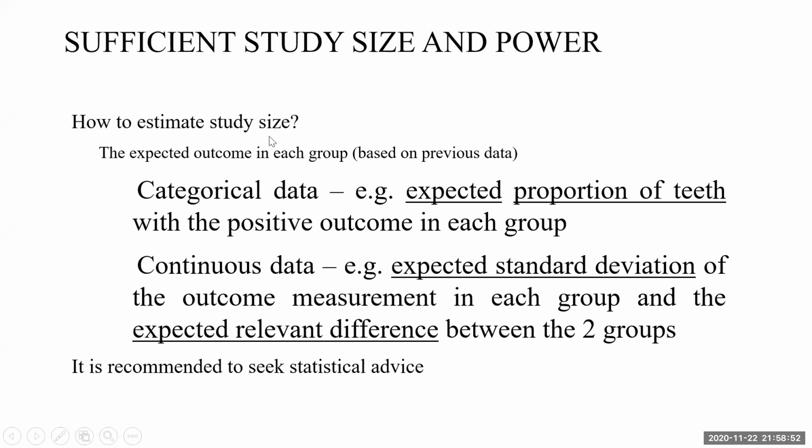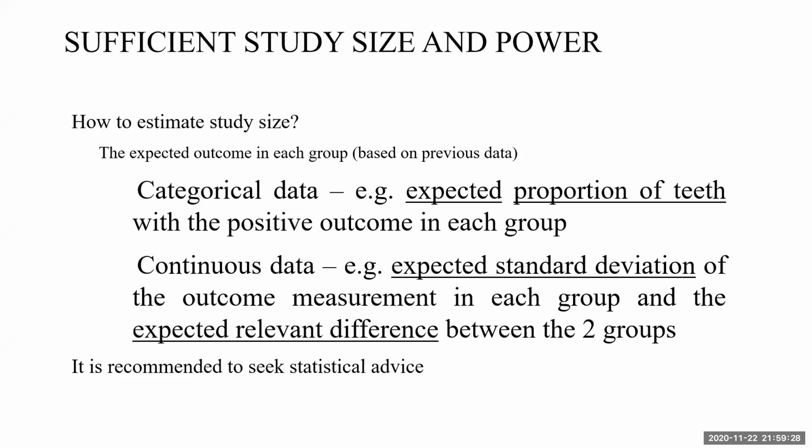How to estimate study size: the expected outcome in each group based on previous data. So if you have previous data that tell you there is an expected difference between the two groups, equal to, for example, 20% or 30%, then you can estimate the study size you need. This should be done with the help of your supervisor.